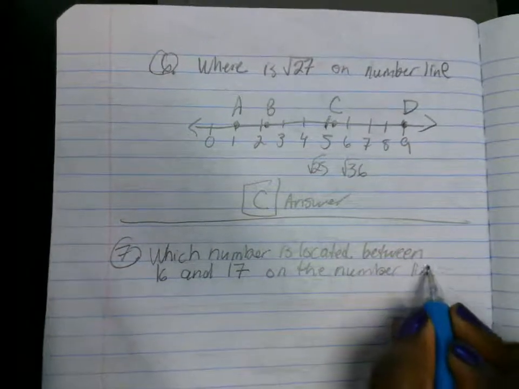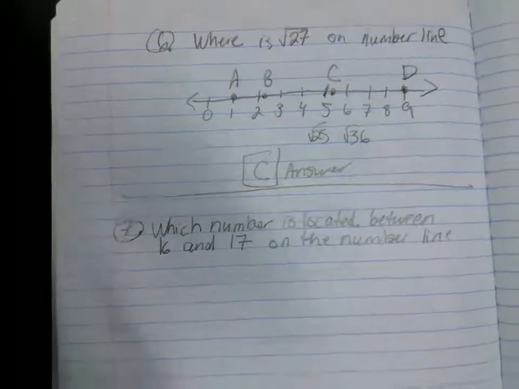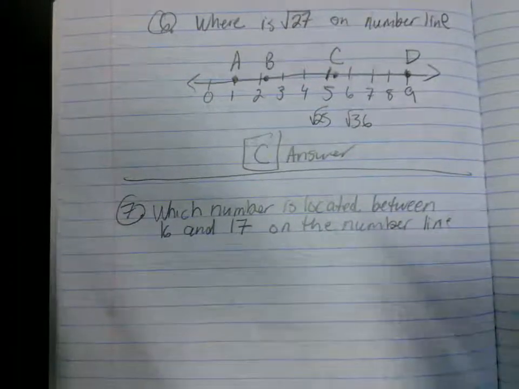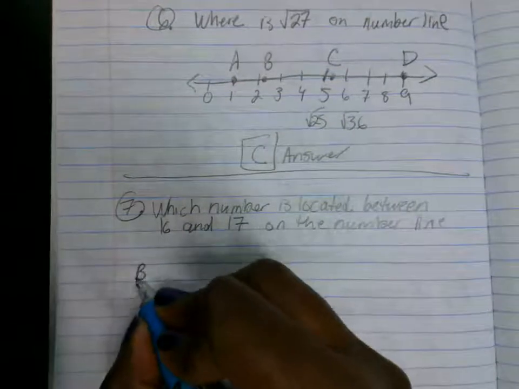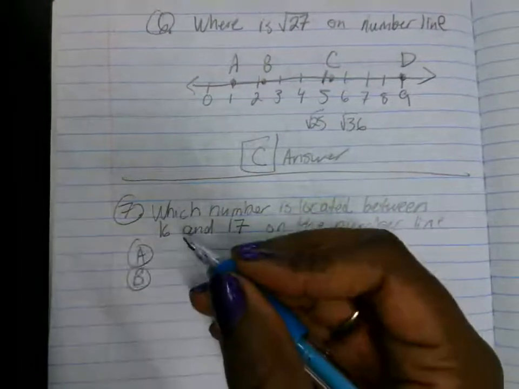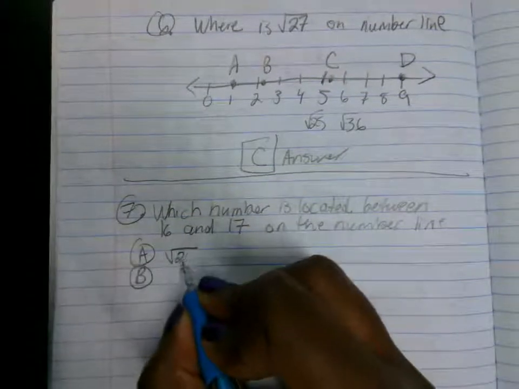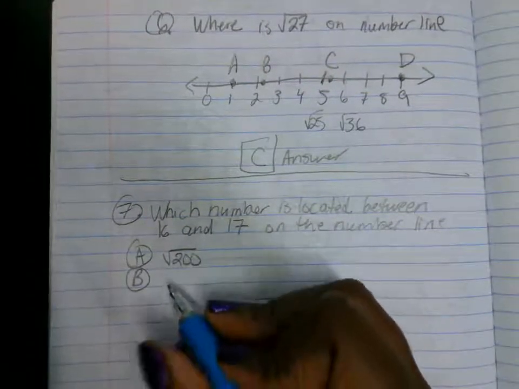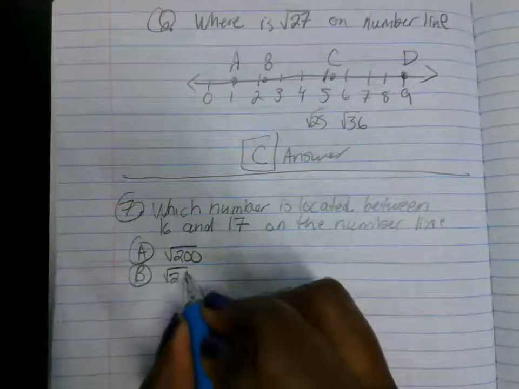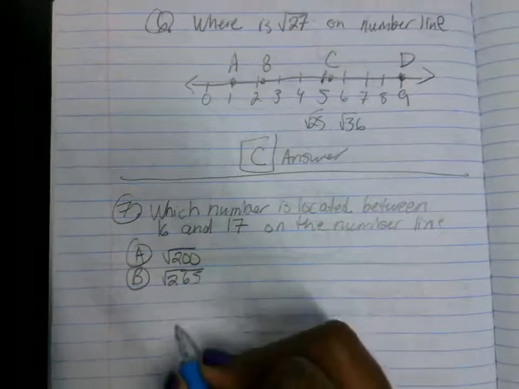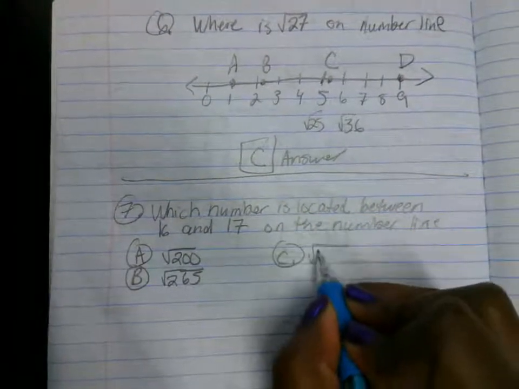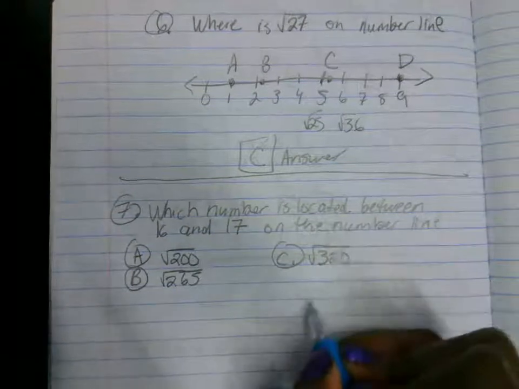Okay, so let's do these. I'll give you some answer choices, and you choose which one of these numbers is between 16 and 17 on the number line. So we got A, the square root of 200. We got B, the square root of 265. We have C, the square root of 320.